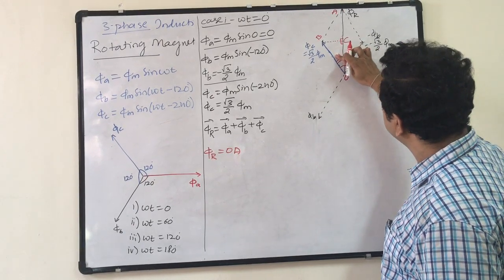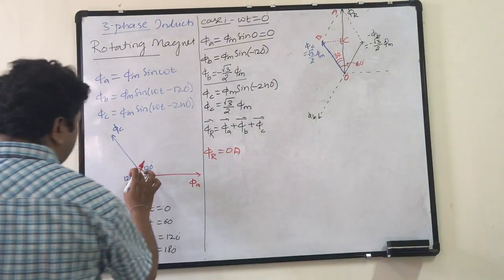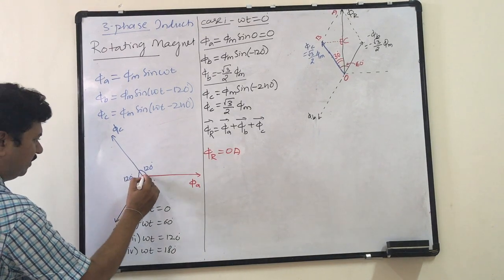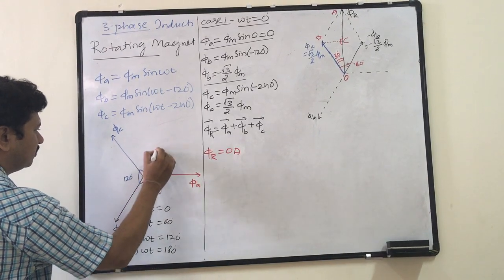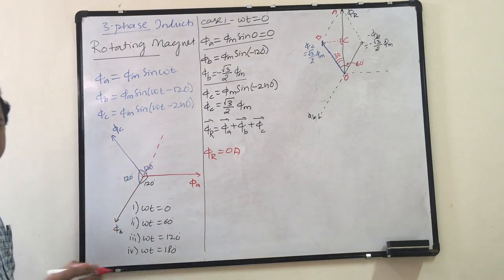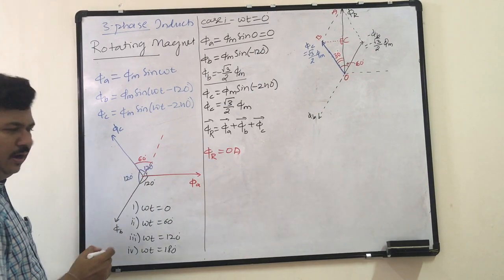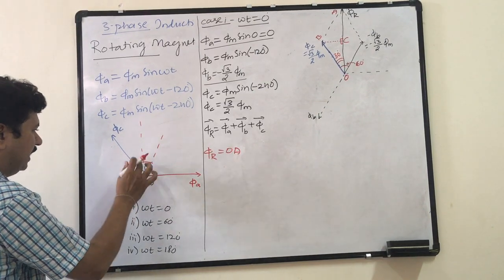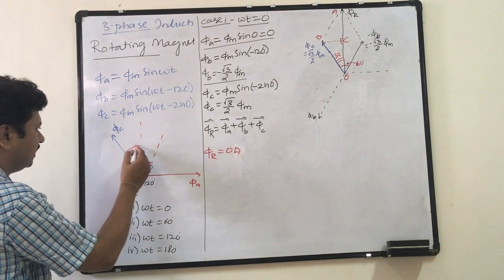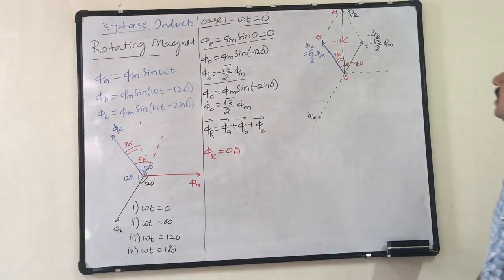The angle between phi A and phi C is 120. When I took phi B opposite to minus phi B, this 120 degree got divided. This will be 60 now. And when I took the resultant, the 60 got further divided into two parts. Now this will be 30. So the angle between OB and OC is 30.